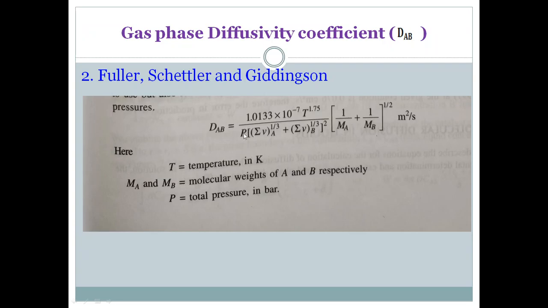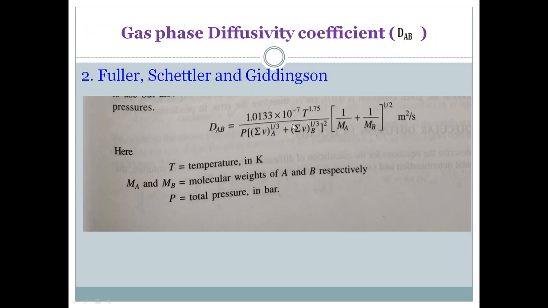T and P, and 1 by MA plus 1 by MB whole to the power half is similar, but instead of this they have used another type of parameter, summation of Va whole to the power 1 by 3, summation of Vb whole to the power 1 by 3, whole square. Now T is temperature in Kelvin, M is molecular weight, P is total pressure.